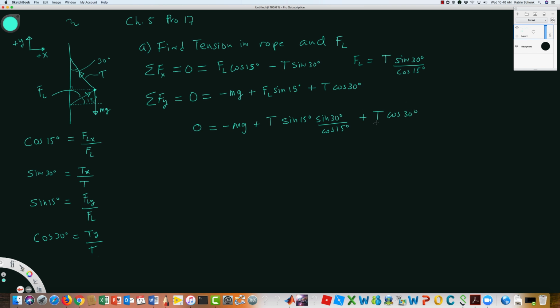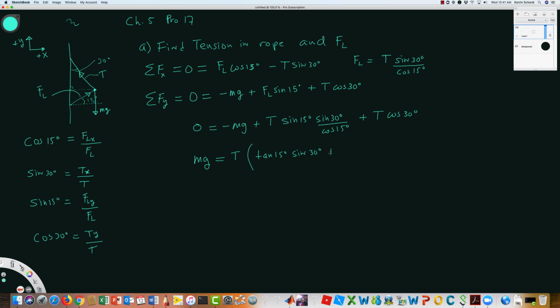Notice this means I can pull T out of these terms. I'm going to put mg on one side, and now I'm going to put T by itself and solve. So I have the sine over the cosine, which is the tangent. Tangent of 15 degrees times sine of 30 degrees. I just didn't want to keep carrying this thing around.